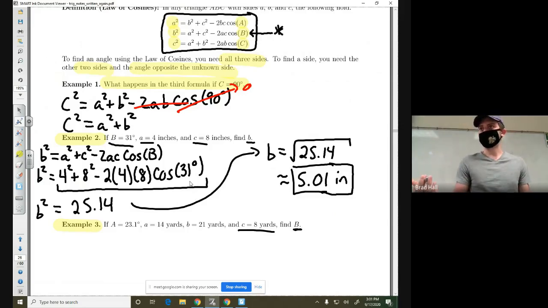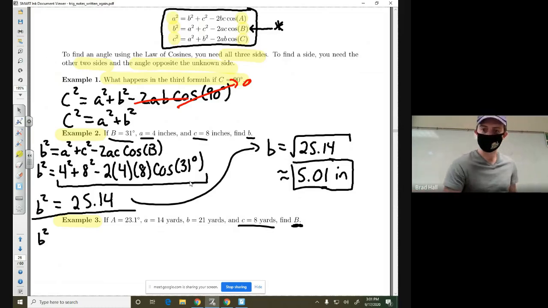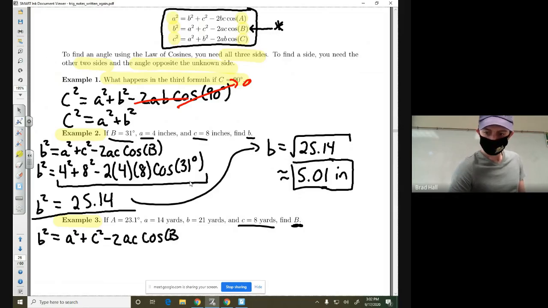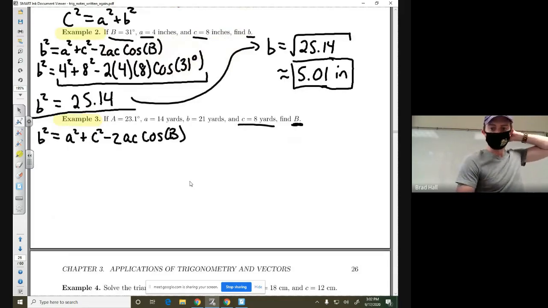It just so happens I have an arrow pointing right to it. The capital A is kind of just extra information, so we don't even have to use it. So I'm going to rewrite the formula. It just so happens we're using the same formula as before, because that's the only one that utilizes capital B. So let's go ahead and plug in everything we know.